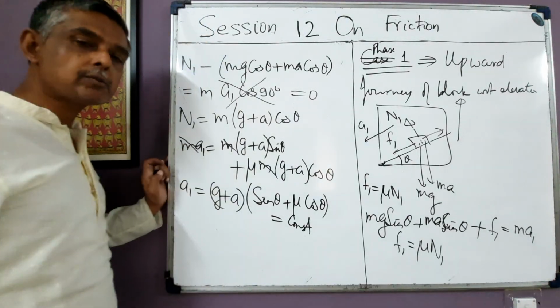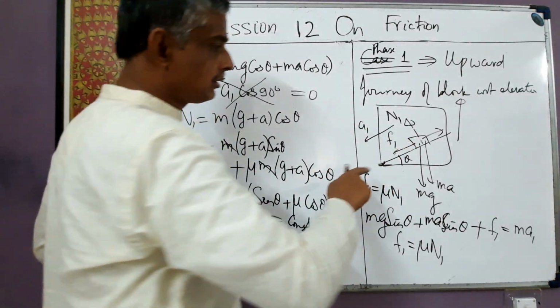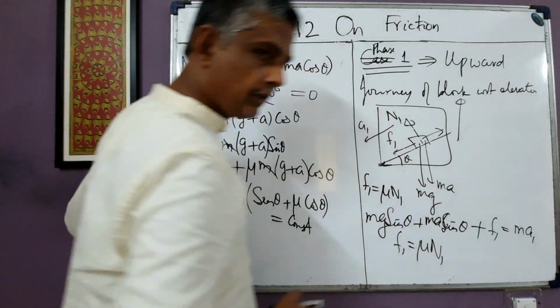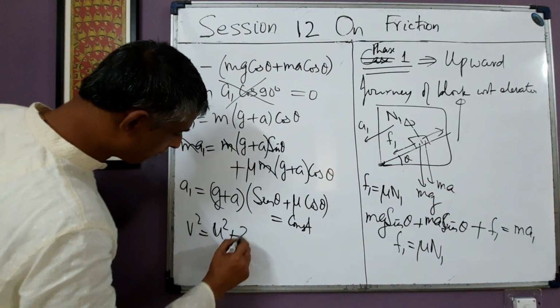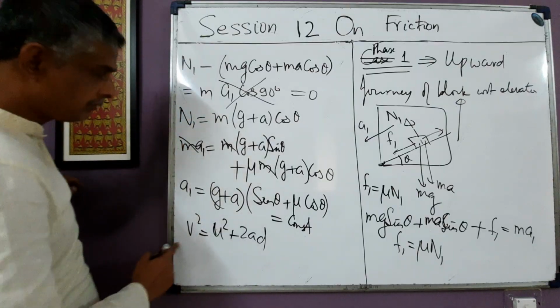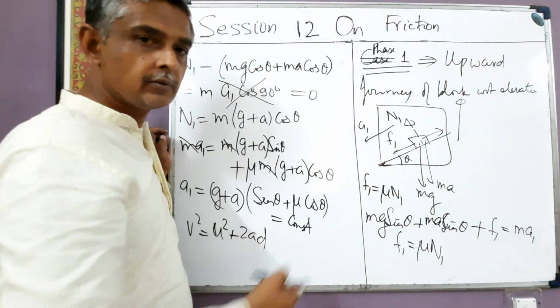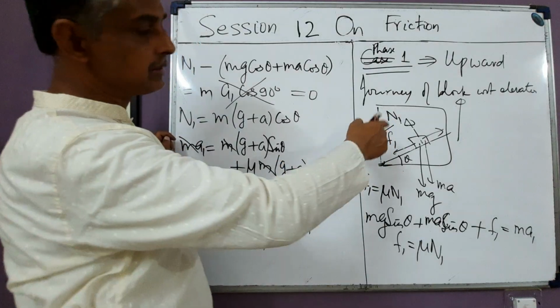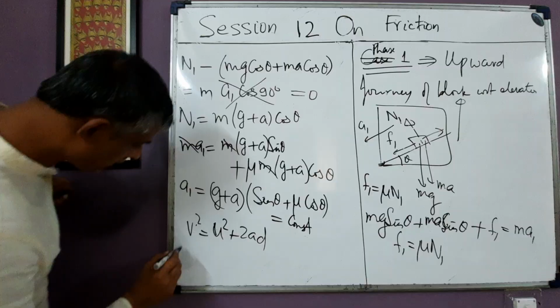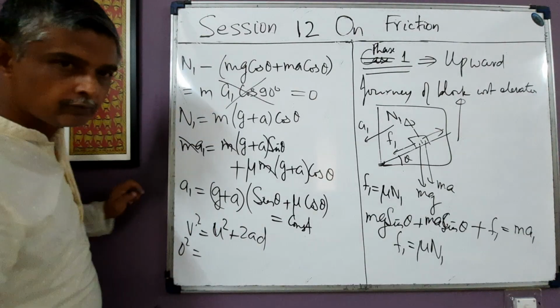So apply the formula v squared equals u squared plus 2as to the block with respect to the elevator. Here v is the speed of the block after covering a distance L, which is 0, so v squared becomes 0 squared. And u is simply v1, which is 4 root 2.